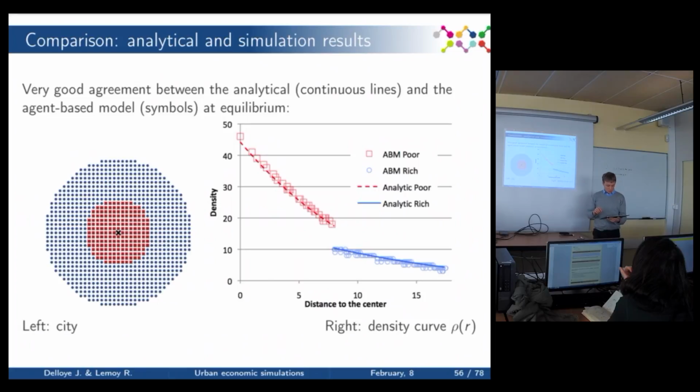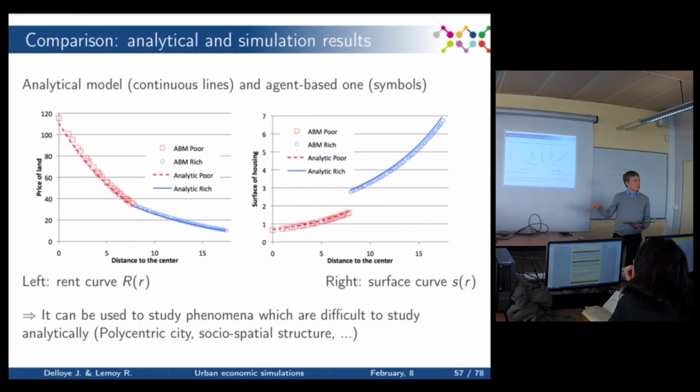Okay. So this was just to say that what we find as an equilibrium is really the analytical equilibrium. So it works also for the rent curve. I should mention this is important: there's this point here where the rent curves connect.